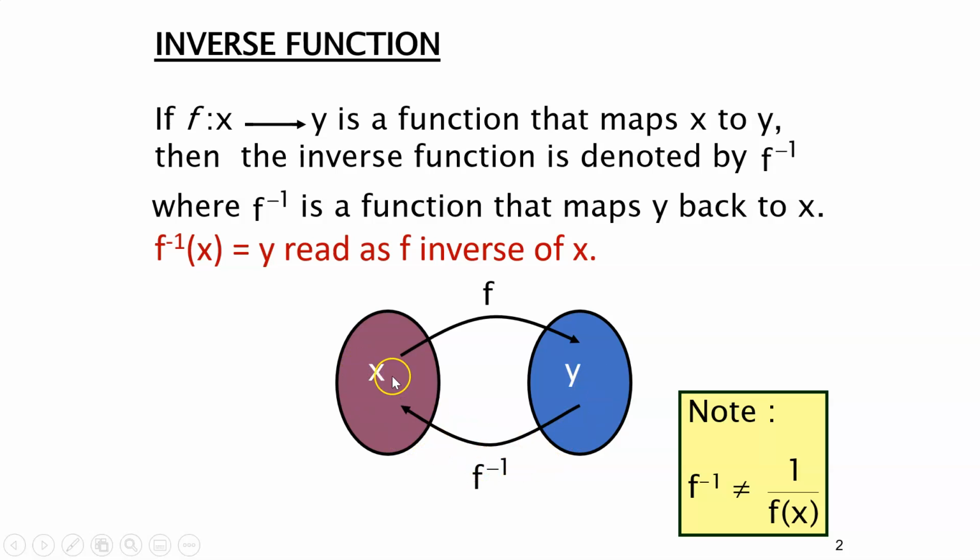So dia berpatah balik lah. That's why we call it inverse function, and it is denoted as f to the power of -1. But this one is not equal to 1 over f(x). Okay, please take note of this.